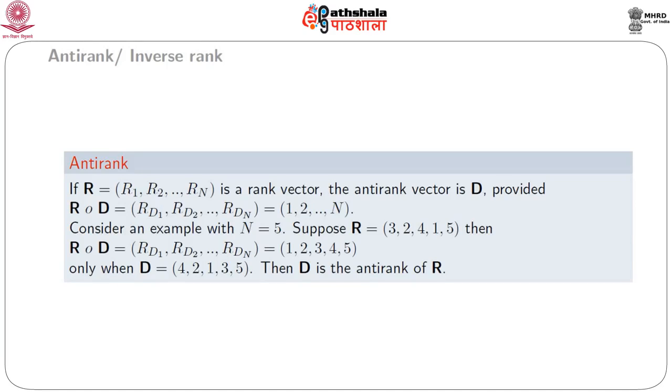That is, D is the anti-rank vector if the composite function R of D comes out as 1, 2, up to n. So if we consider an example with n equal to 5, suppose the R vector comes out as (3, 2, 4, 1, 5), then we get the composite function R of D as (1, 2, 3, 4, 5) only when D takes the values (4, 2, 1, 3, 5). Then in this case D is the anti-rank of R.